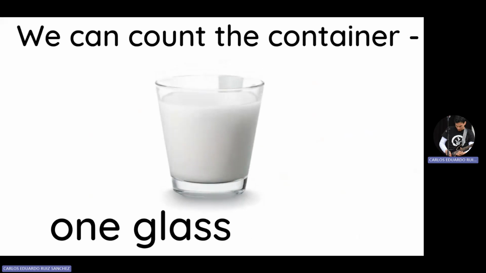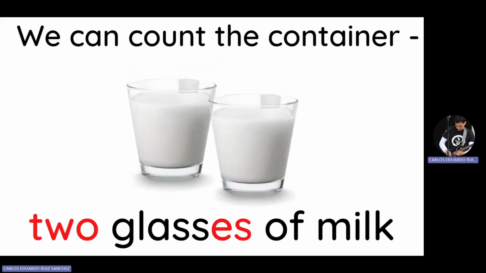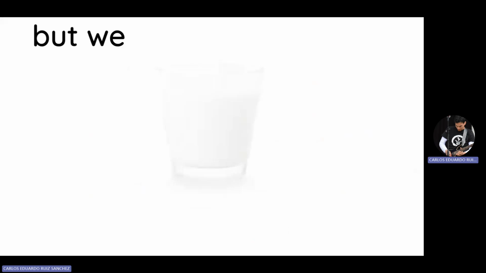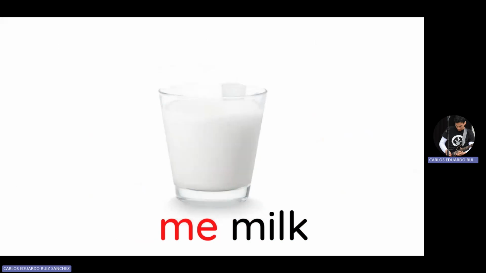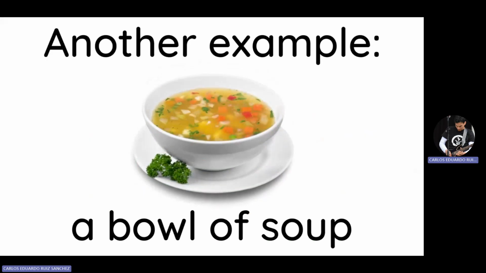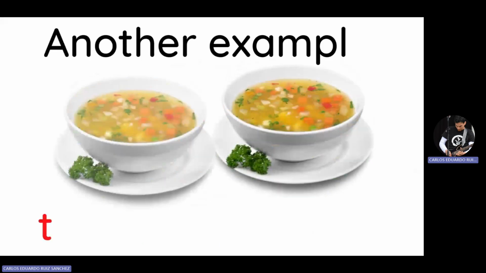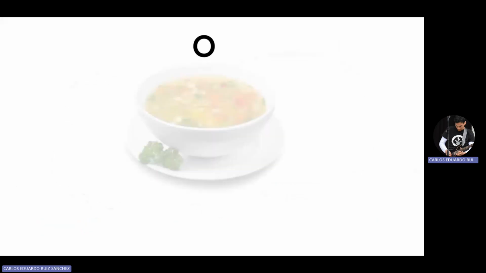We can count the container, a glass of milk, two glasses of milk, but we can't count the milk. So with uncountable nouns, we often use the word some. Some milk. Another example is soup. A bowl of soup. Two bowls of soup. Or some soup.